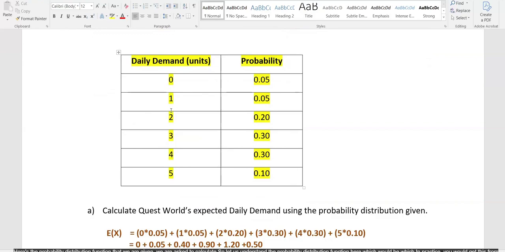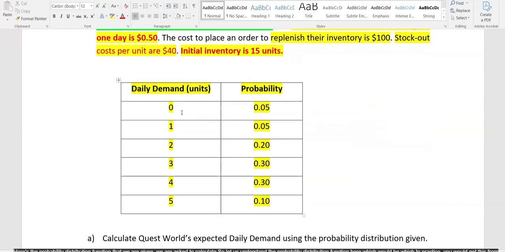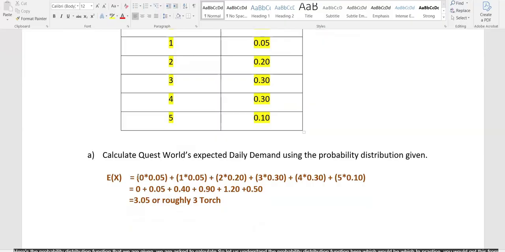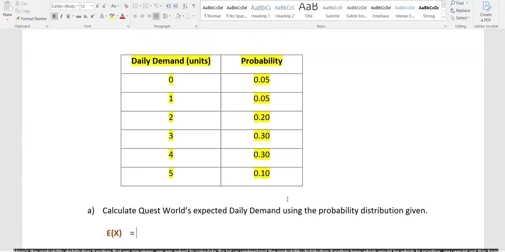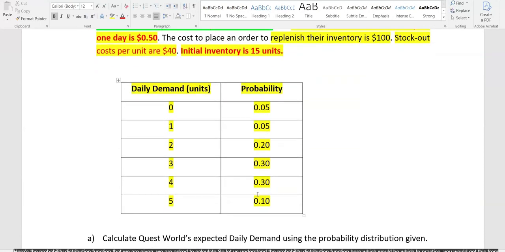Here's the probability distribution function that we are given. We are asked to calculate. So let us understand the probability distribution function here, which in practice you would get from historical data. You'd have to look at the company's historical records and see what the data suggests.